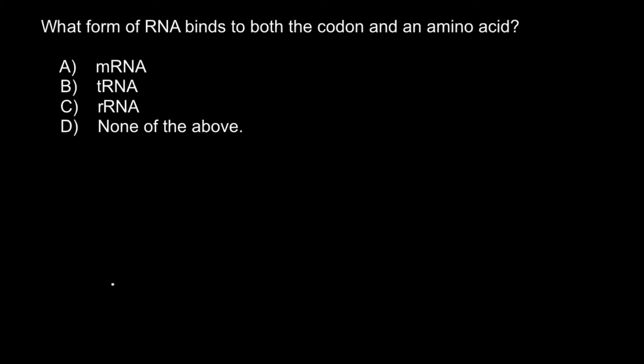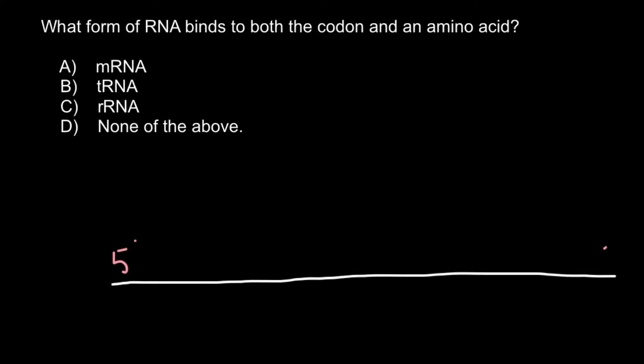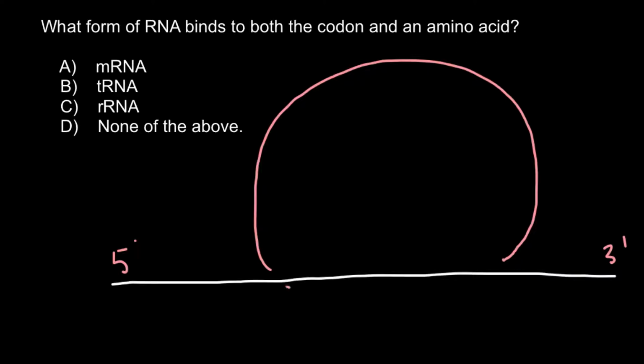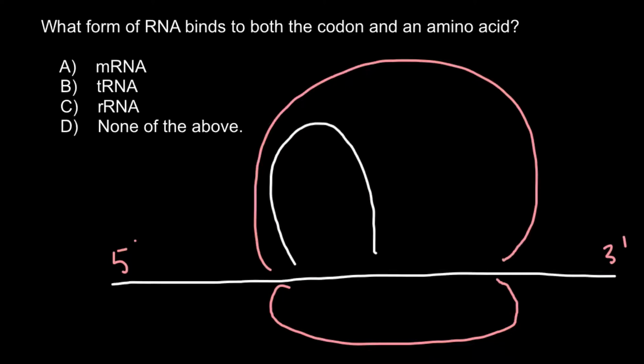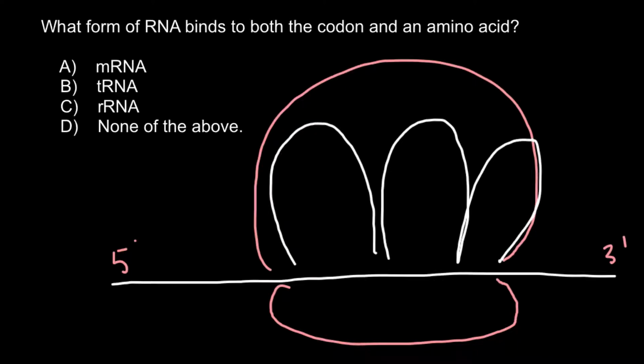Imagine that this is messenger RNA, and this is going to be the 5' end and 3' end here, and somewhere here we have the ribosome. The ribosome consists of a large part and a small part, and here we have three sites: the A site, P site, and E site.